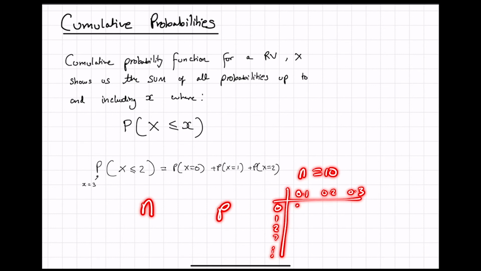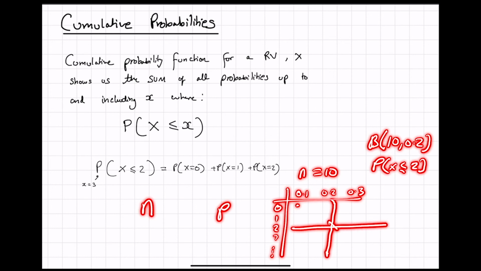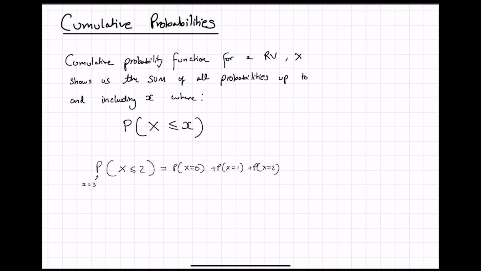Let's say your binomial was distributed as 10, 0.2, and you want the probability that x is less than or equal to 2. You'd find the table for n equal to 10, find 0.2, which is this column here, and I want less than or equal to 2, which would be across here. So this is the value I would want in my table. You can just get used to reading that from the table.